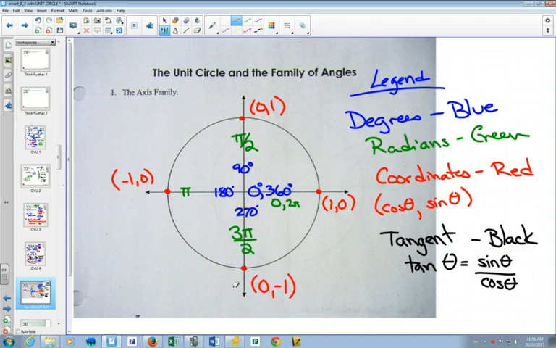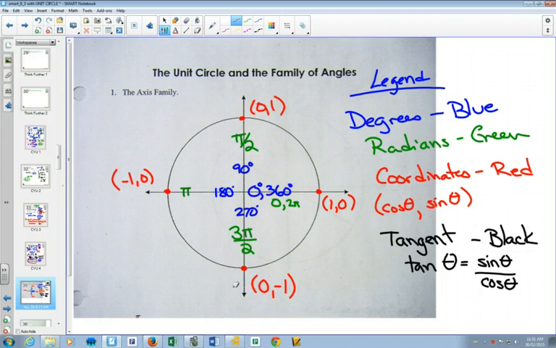Sarah, pick another volunteer, someone different. We are now going to figure out what cos of pi is. Florian. Minus 1. Good. Now we're going to figure out sine of negative pi over 2.